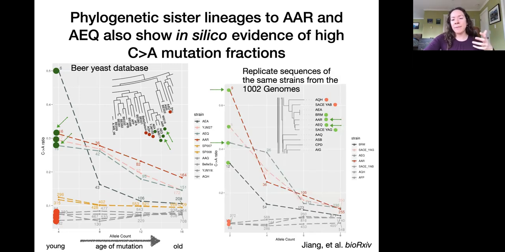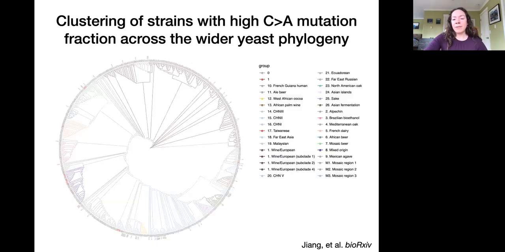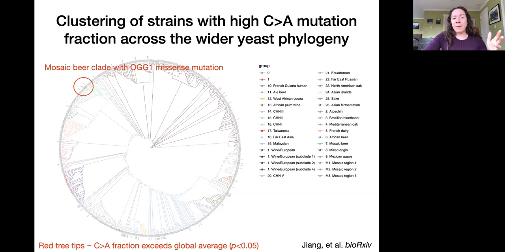And then this has been replicated in a couple of different data sets, both the 1,011 yeast genomes and a data set specifically of beer yeast. And then just looking more broadly across the yeast phylogeny, we see this mosaic beer yeast clade being one of the clades that have clustered elevated C to A mutation rate.